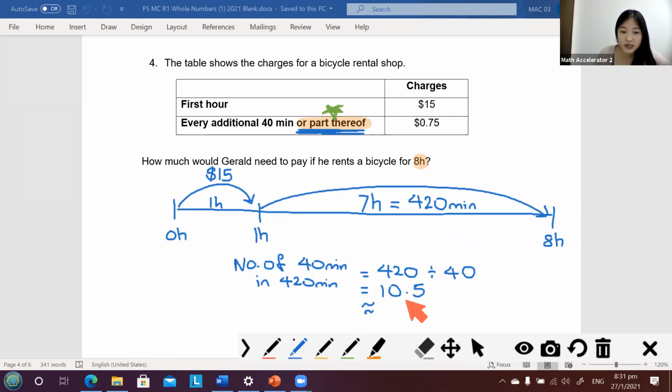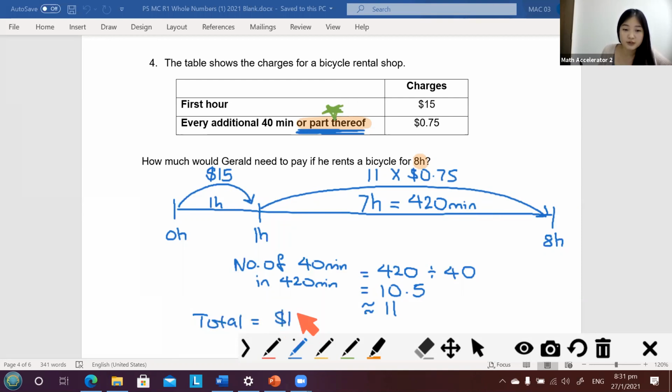Whenever you don't have a whole number and you have a decimal, you still need to round it up. There are 11 40 minutes over here, which means that you need to take 11 times 75 cents.